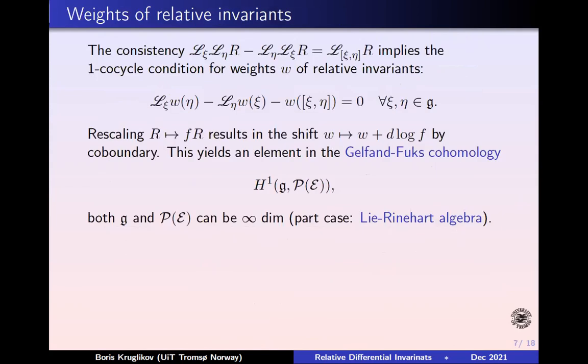So now let's write the consistency condition. The commutator of Lie derivatives is equal to the Lie derivative of the commutator. Apply this relation to R. And then we get one cocycle condition for the weight. Okay, so the weight has to satisfy this relation, which is clearly just a one-cocycle relation.